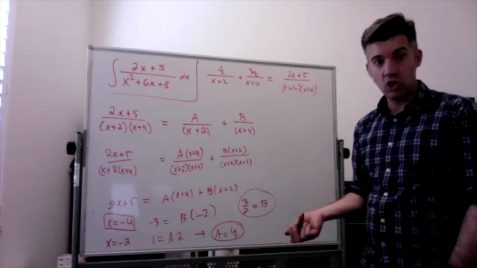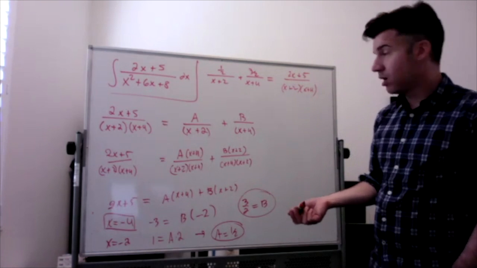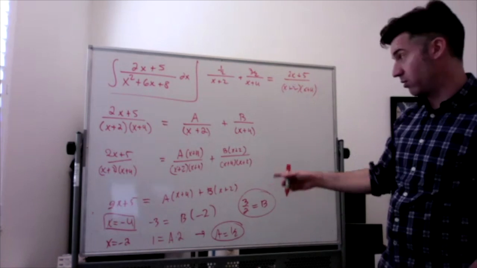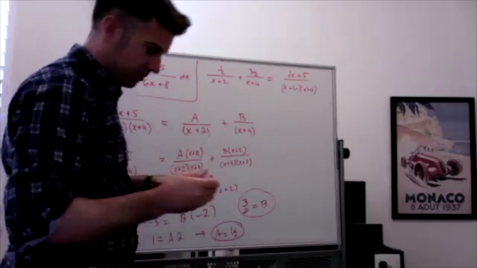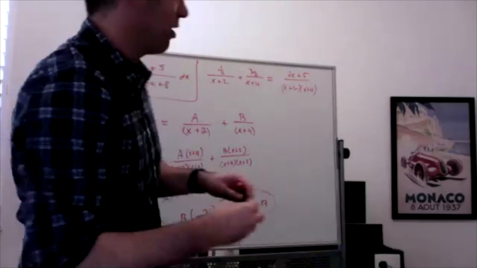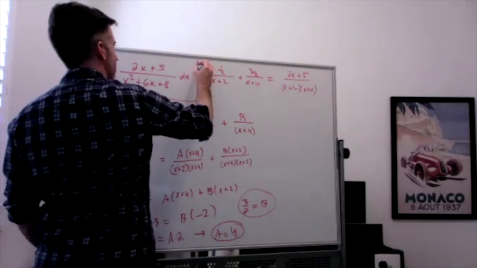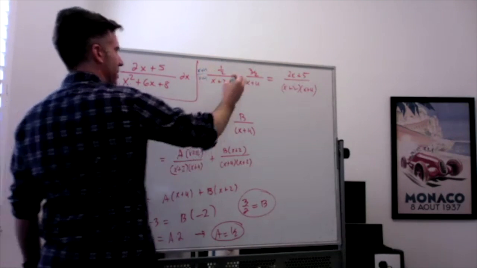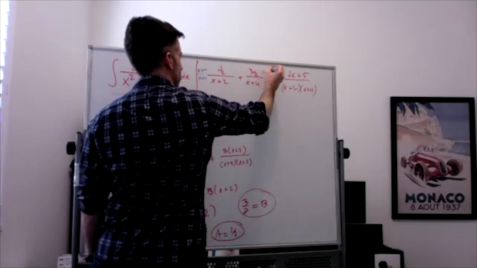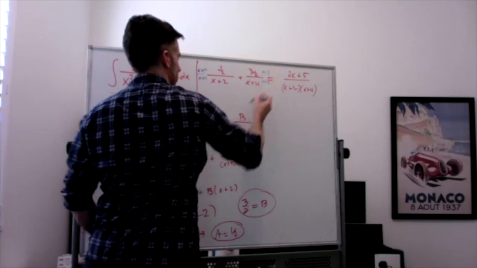You don't need to show it, but it is true. I could show it by doing the work I already did. I would multiply this by x plus 4 over x plus 4, and I would multiply this by x plus 2 over x plus 2.